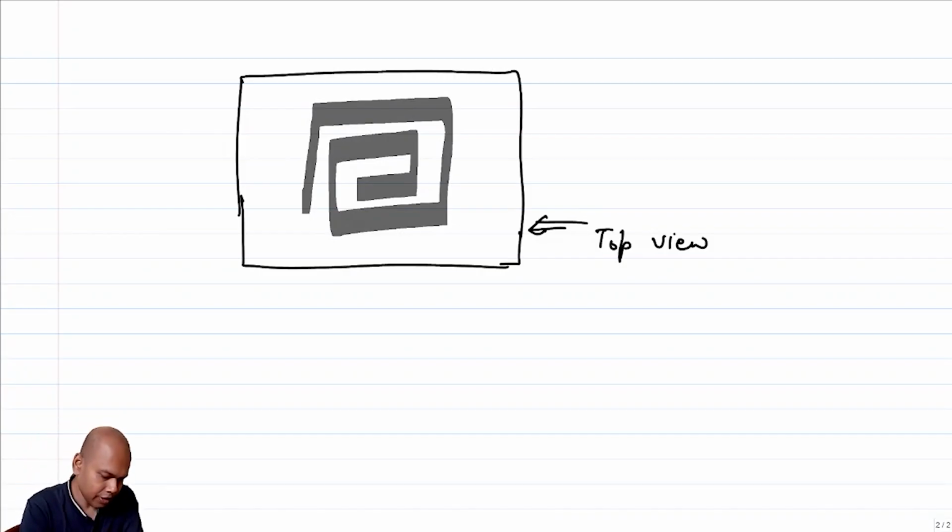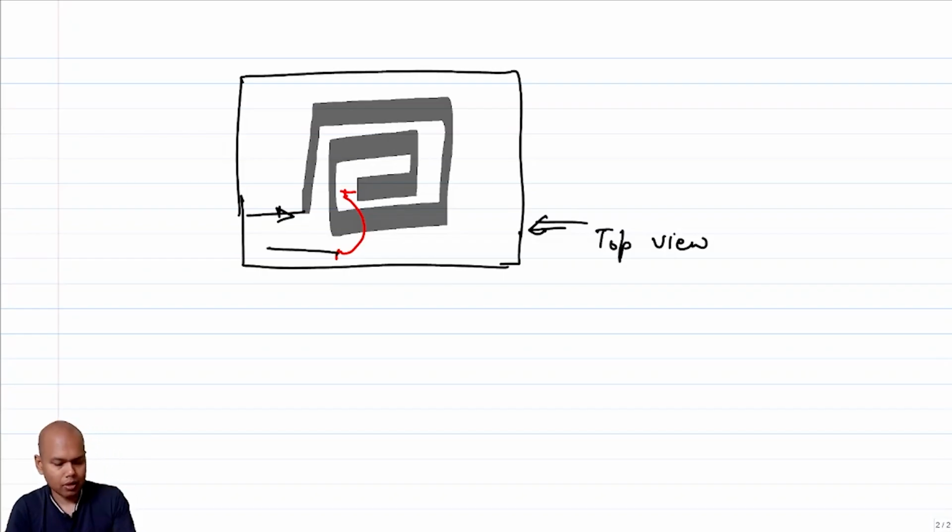And obviously, if the current has to go in, it also has to come out. So while coming out, you can jump to a lower metal layer through a via and then come up and take it out, right? So this can be a lower metal layer.